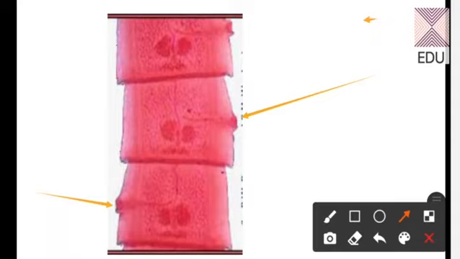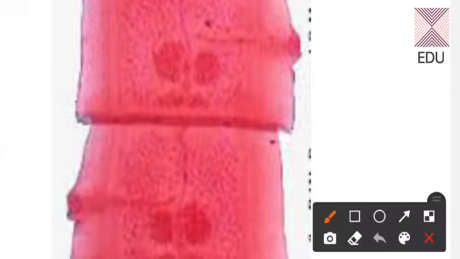These genital papillae are alternate to each other. This papilla is on the left side and this is on the right side, so the next will be again on the left, then on the right, then left, then right. So they are alternate in position in Taenia solium.